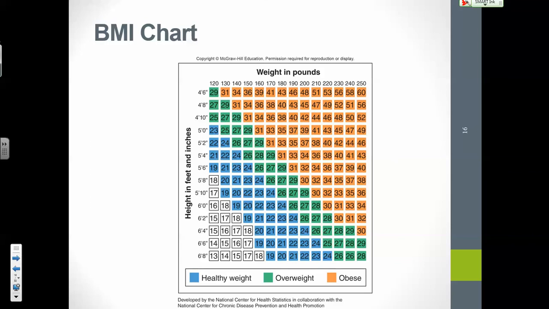So let's look at that on this table. Let's say you're 5'8" and your weight is 160. Right there, you're in a healthy weight. But a little bit over that, if you're 170, you're not.